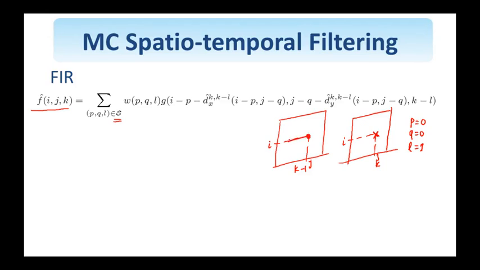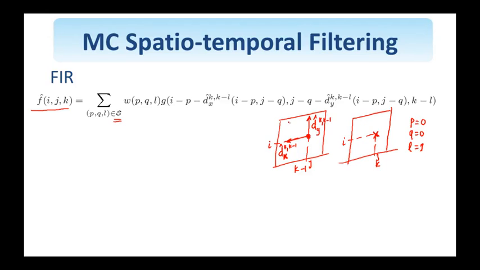So in the I direction, we will use the vector d hat x k minus 1. So this is the x component of the estimated motion vector, while in the y direction I'll use the estimated motion vector d hat y k minus 1.